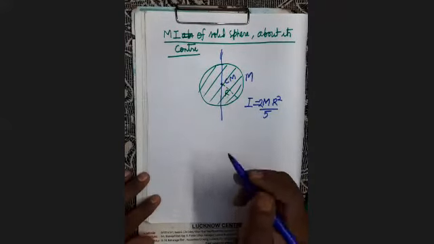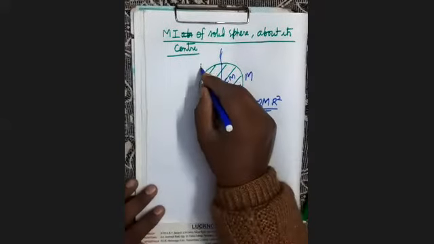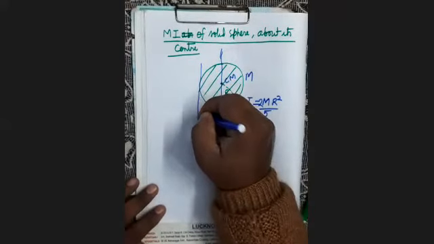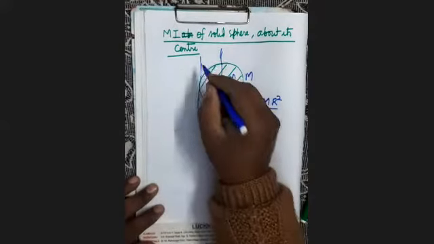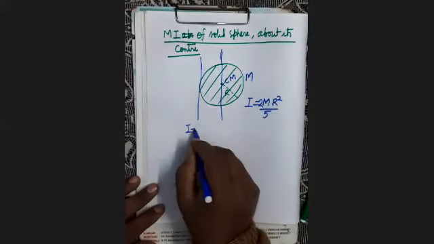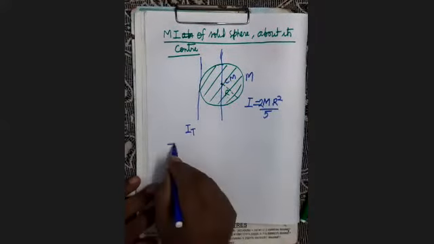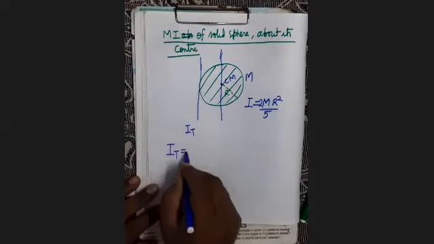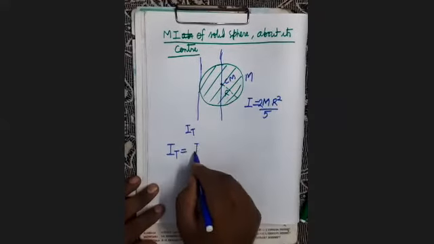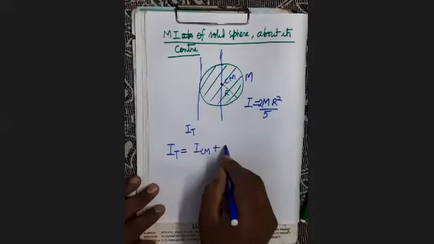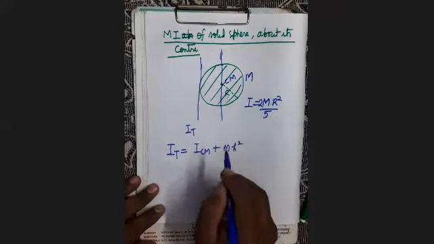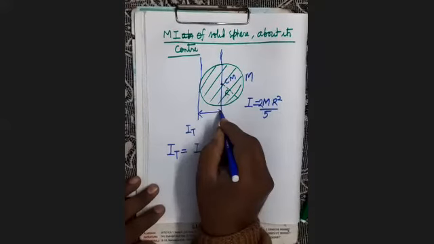Now, if you have to determine its MI about a tangential axis, means this. See here about this axis, how will you determine MI about a tangential axis? So IT will be equal to ICM plus MH square. What will be H here? H will be this distance.